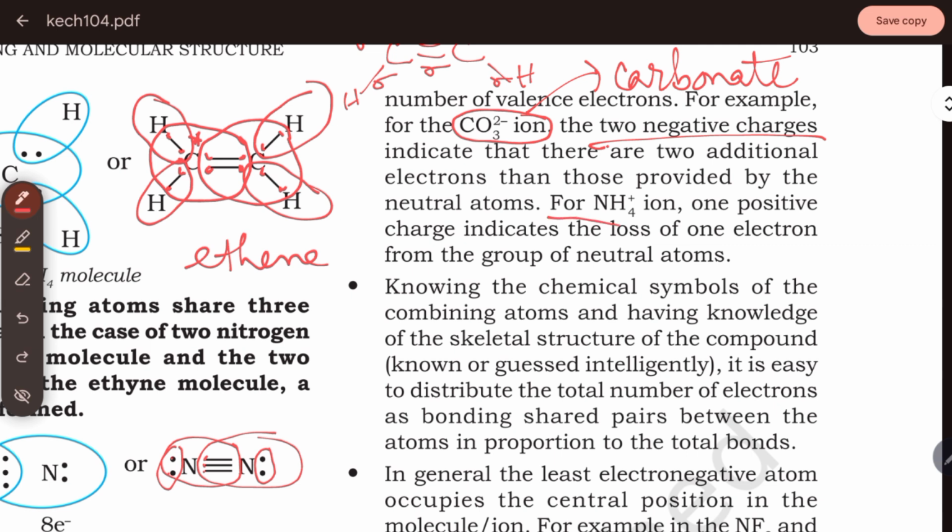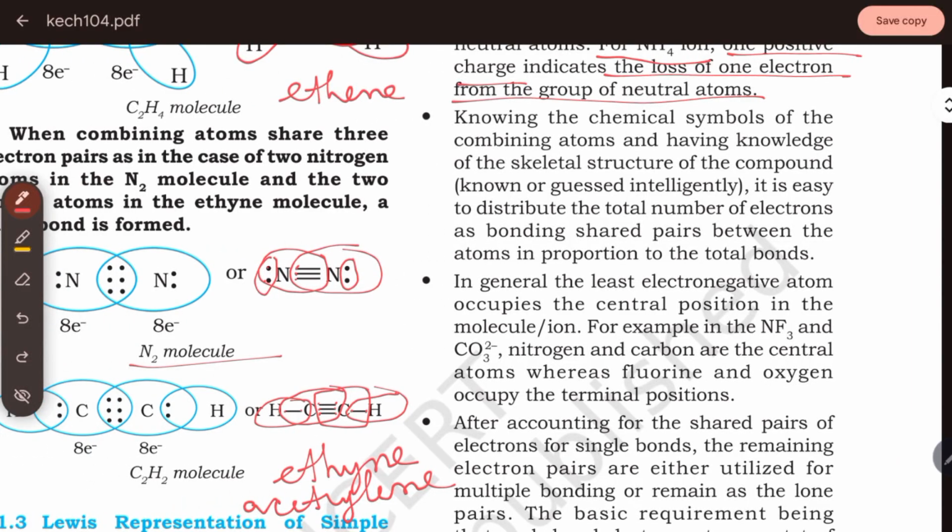For NH4 plus, there is a 1 positive charge by the loss of 1 electron from the group of neutral atoms. Now you may ask how to draw the Lewis structures. For this, you have to follow some hit and trial methods after drawing the skeletal structure of the compound.